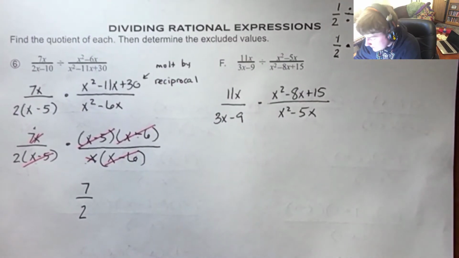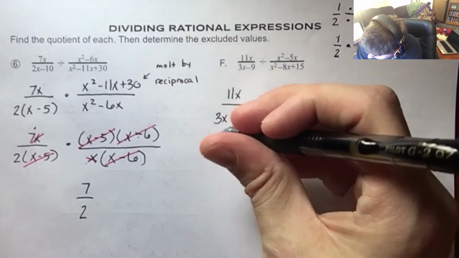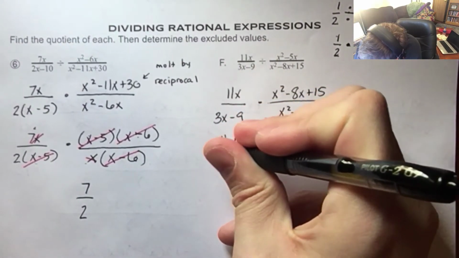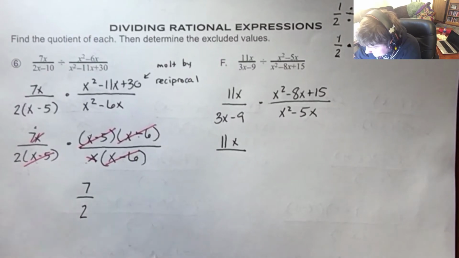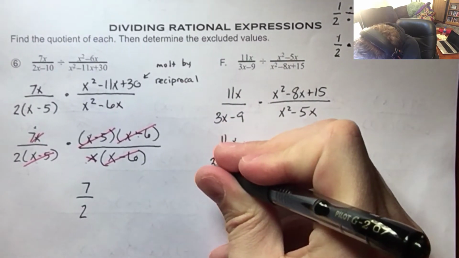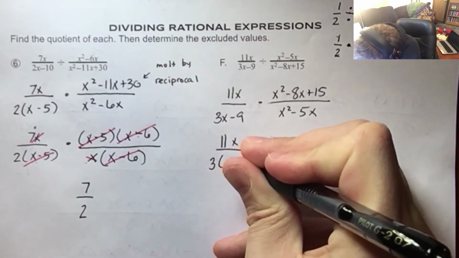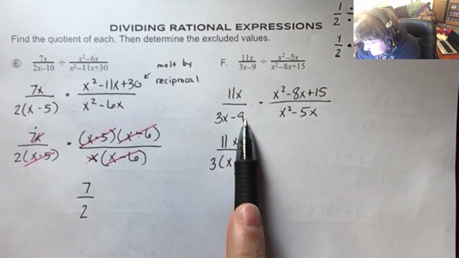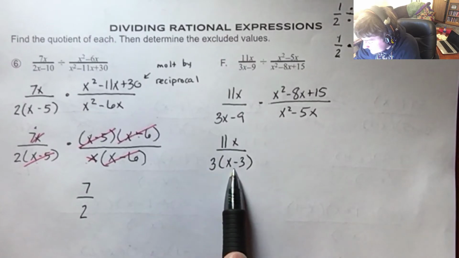I'm going to flip this. Okay, let's factor. 11x cannot be factored. 3x minus 9 can be factored, right? Common factor of 3 in each of them. So we're going to take a greatest common factor and say this is x minus 3 then. 3x minus 9 is the same as 3 groups of x minus 3.